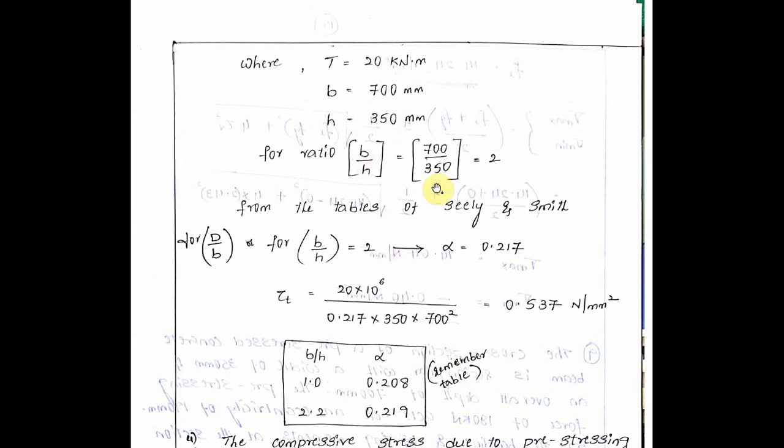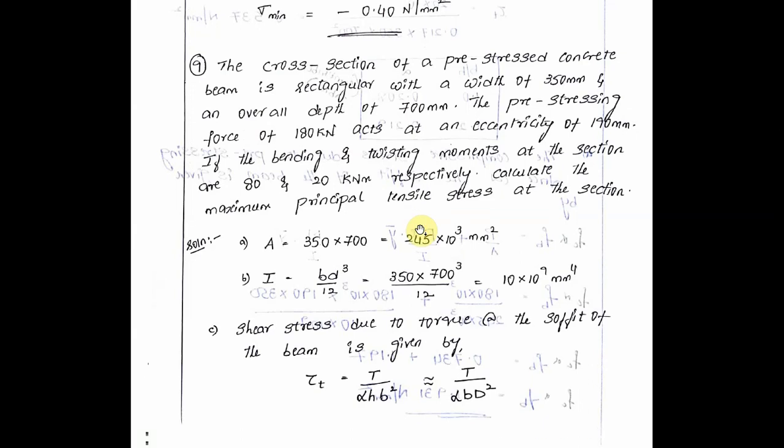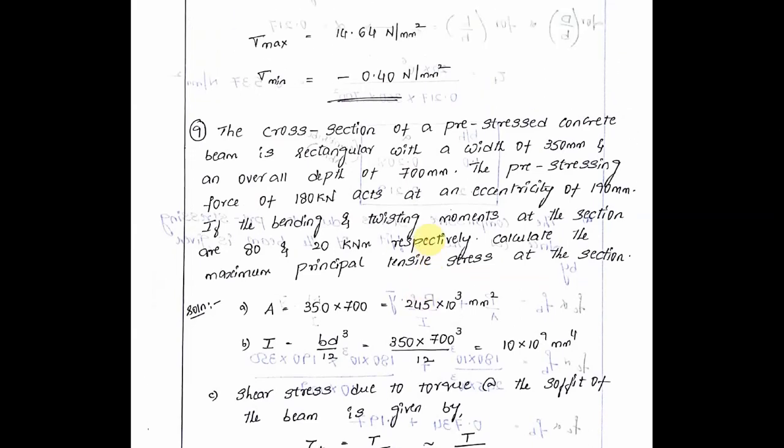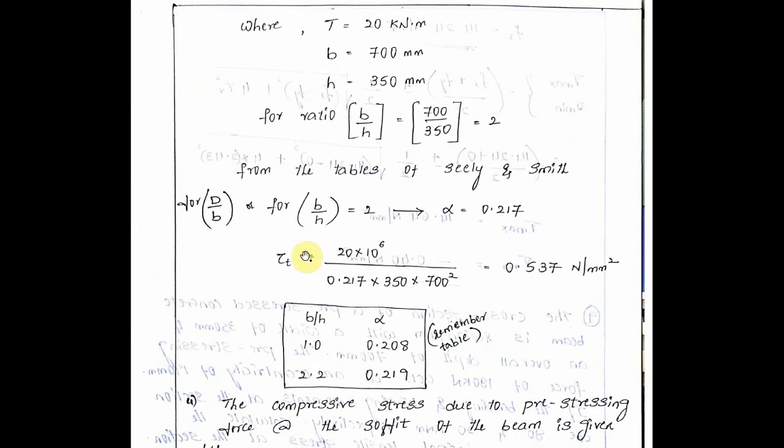For the ratio B upon H is equal to 700 divided by 350, from the table we'll get, for B by H equal to 2, alpha equal to 0.217.